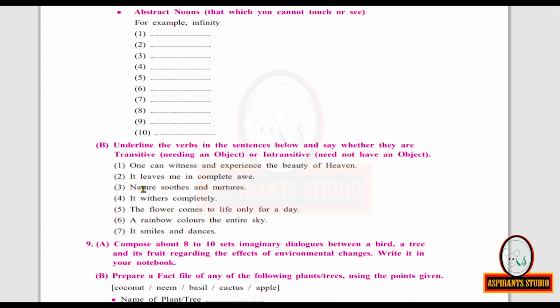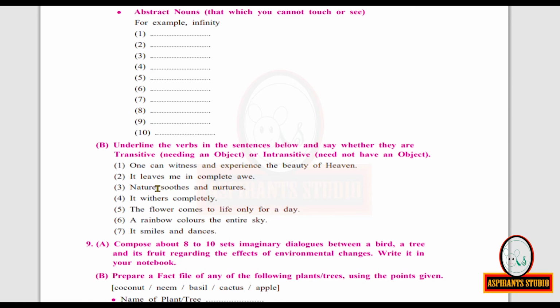Now, for the second one, it leaves me in complete awe. The verb is leaves. It leaves what? Not given. So, it need not have an object. Object is not there.